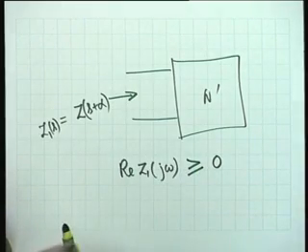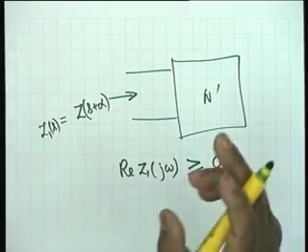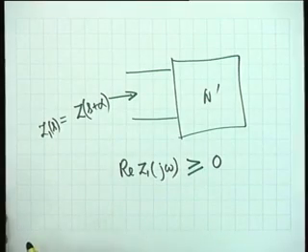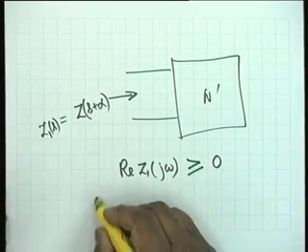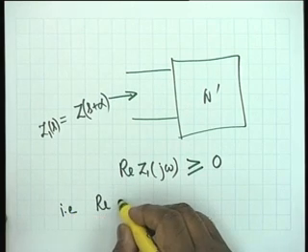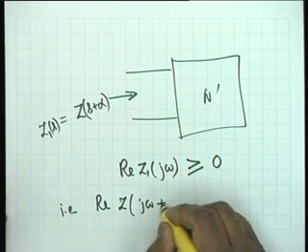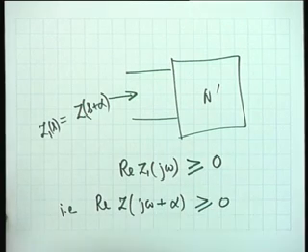Is that right? For N, the real part on the j omega axis was greater than or equal to 0. There is no reason why N prime should not also have the same property. All we have done is added a few resistors. We have not changed the character of the network, right? Therefore the real part of Z1 of j omega is greater than or equal to 0, which means that the real part of Z of j omega plus alpha is greater than or equal to 0. Clear?